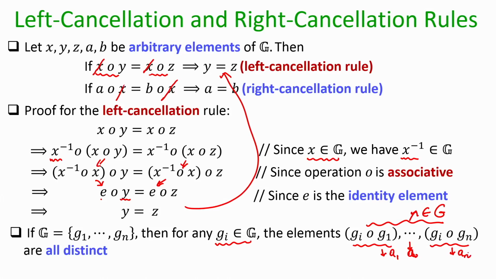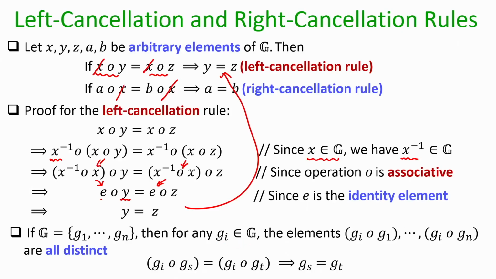The claim here is that the results a 1 to a n are all distinct, the results will not be repeated, and this is because suppose the result of g i operation g s is the same as the result of g i operation g t, then from my left cancellation rule I come to the conclusion that g s is the same as g t. So, contrapositively, if g s and g t are different, then the result of g i operation g s is different from g i operation g t, which shows that each of these results is distinct.